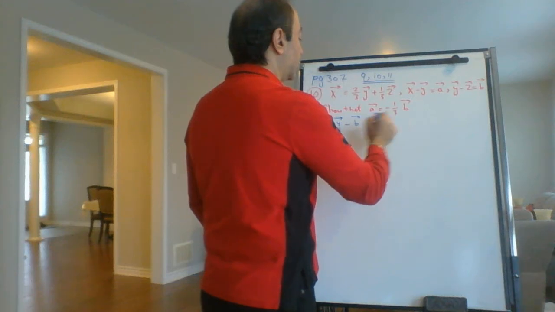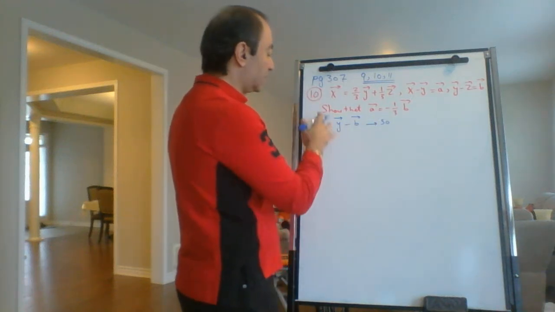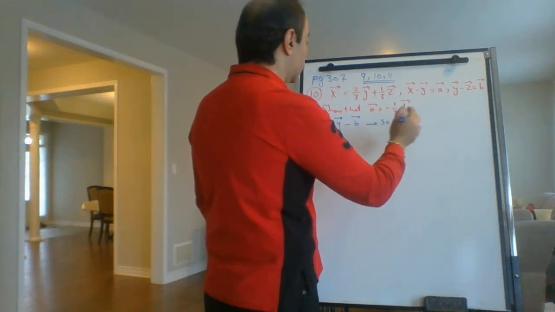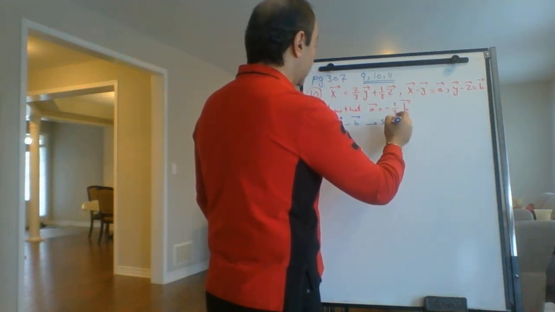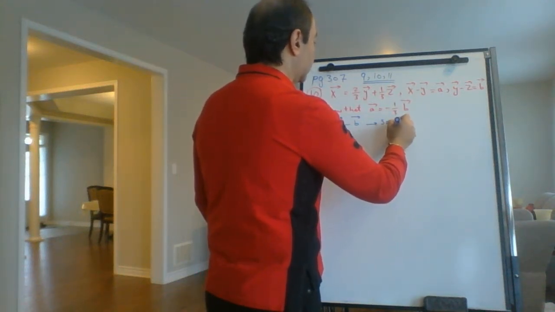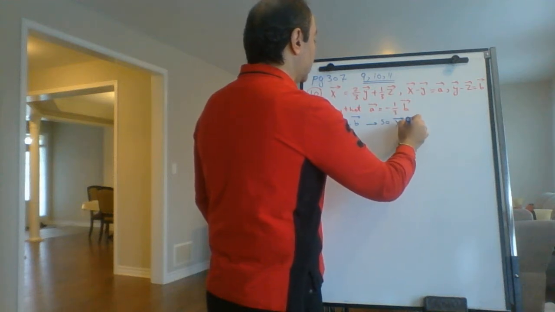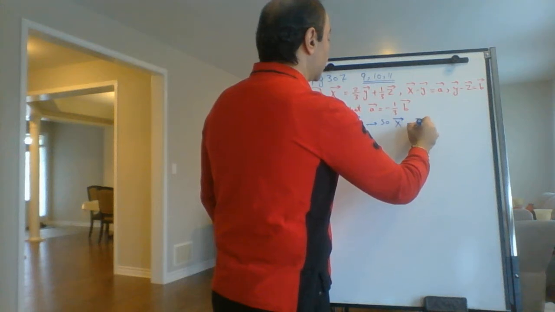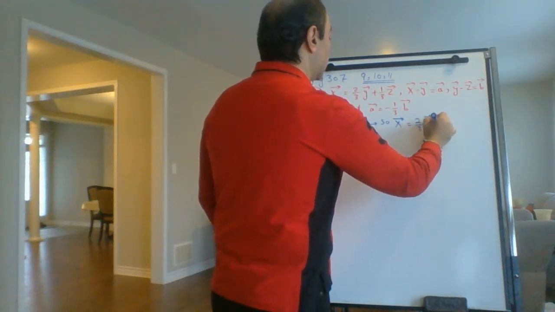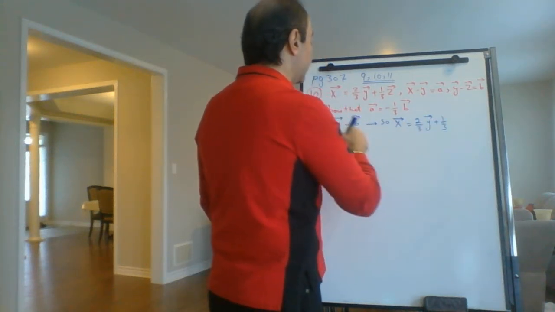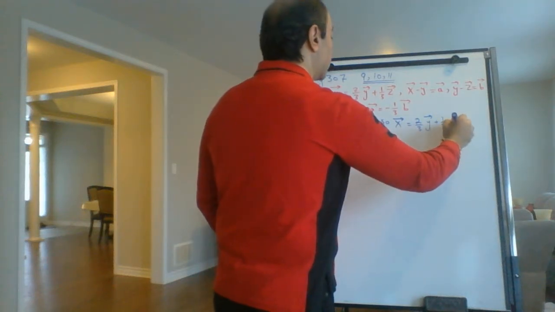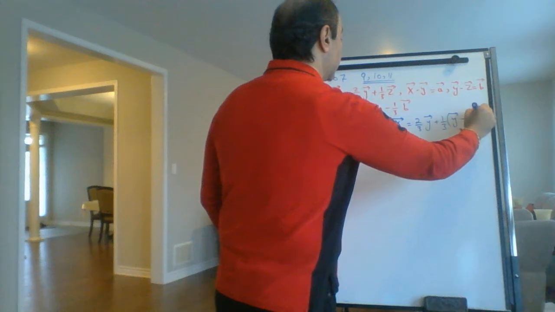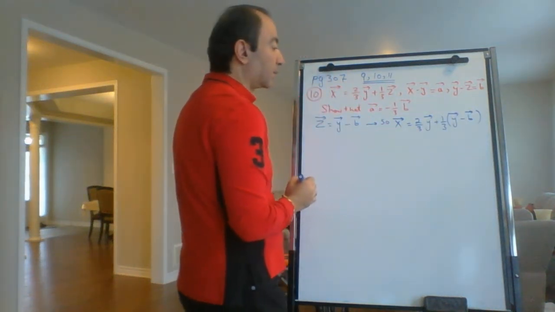I'm trying to save space. I'm supposed to write everything on top of each other, but you know. So x will equal 2 over 3 y plus 1 over 3, and instead of z I will put y minus b, vector y minus vector b.